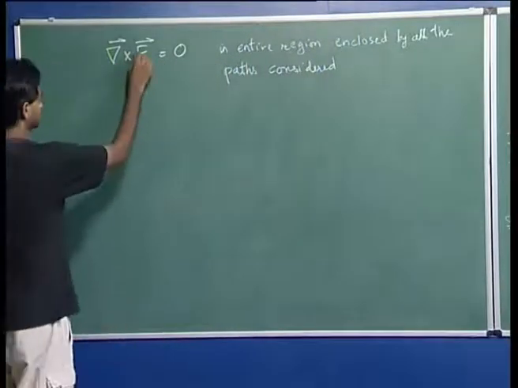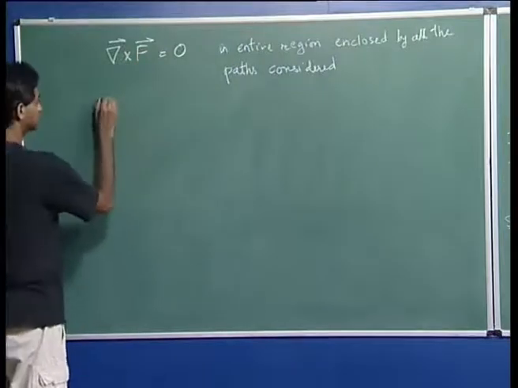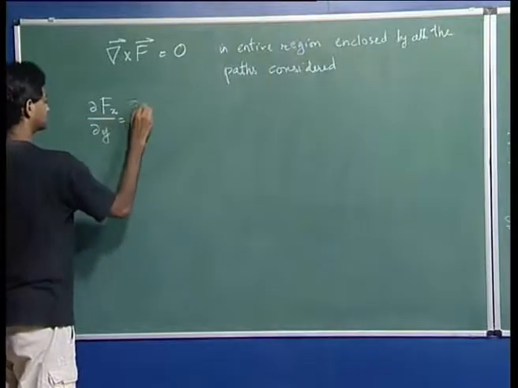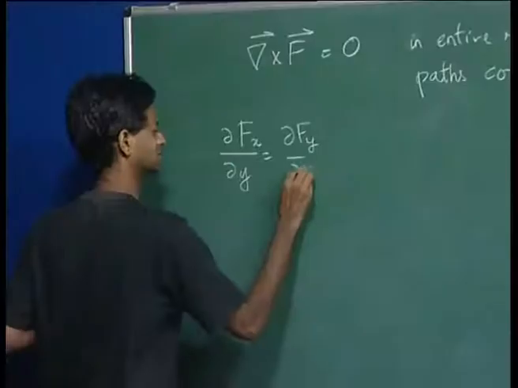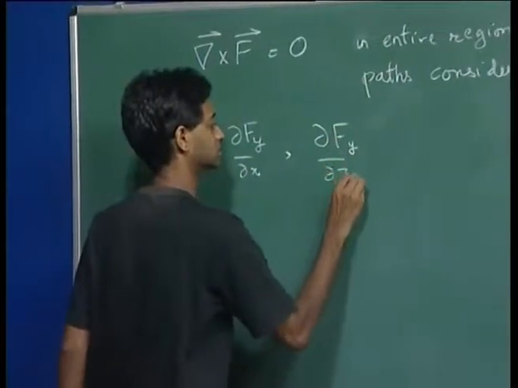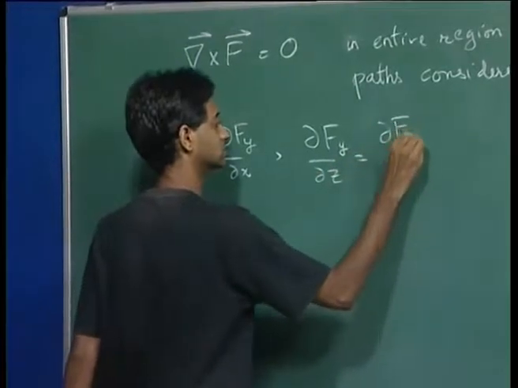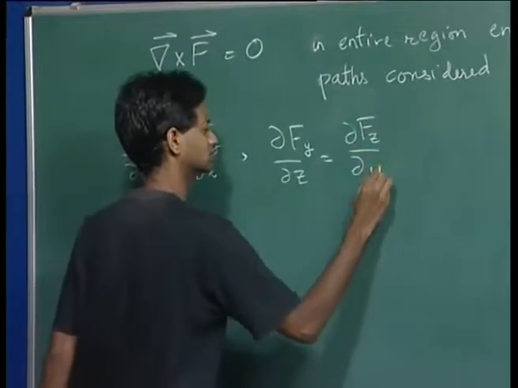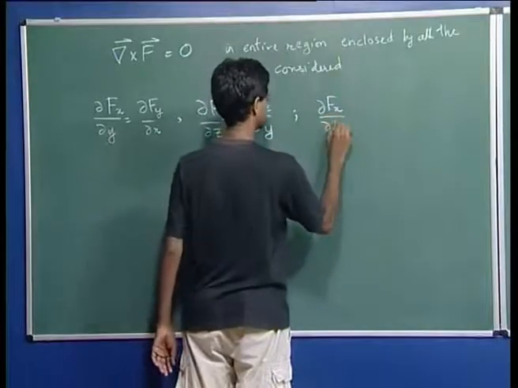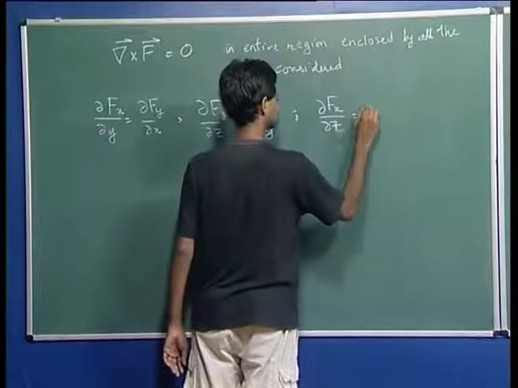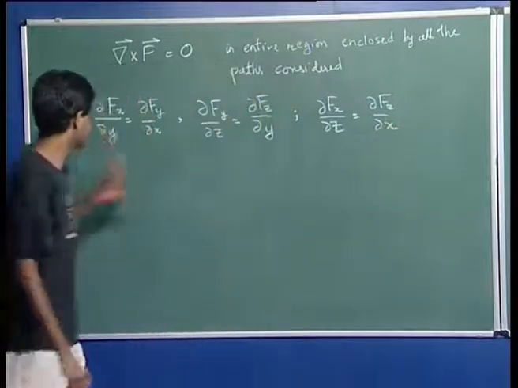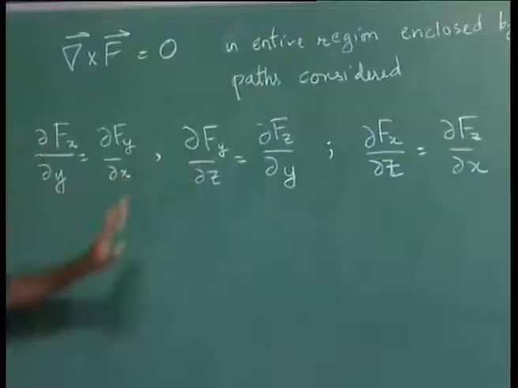And this leads to the condition, dou fx by dou y, and these are the components of the curl, and so each of the components should be equal to 0.